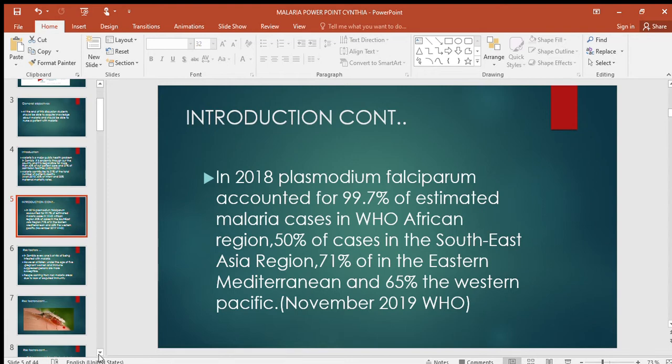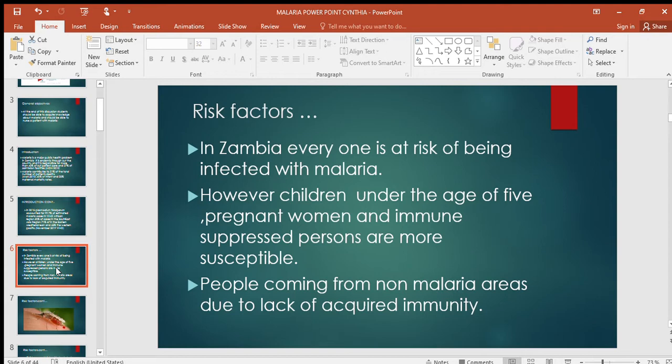That was according to the World Health Organization report, November 2019. These statistics show us that malaria is not only in Zambia, but is endemic in most parts of the world as listed above.